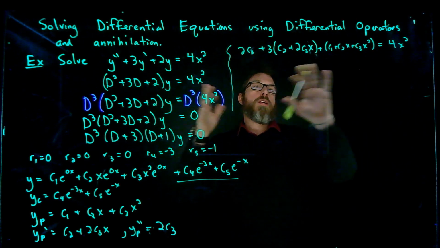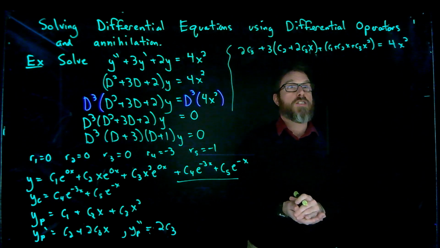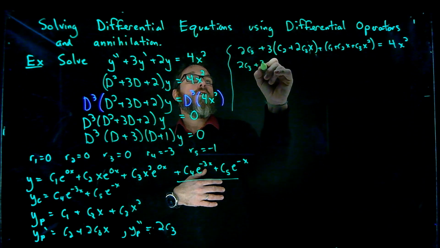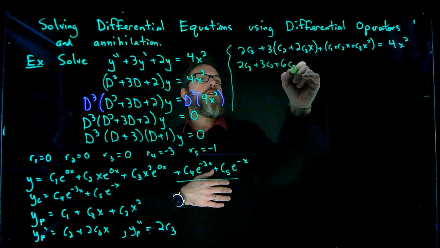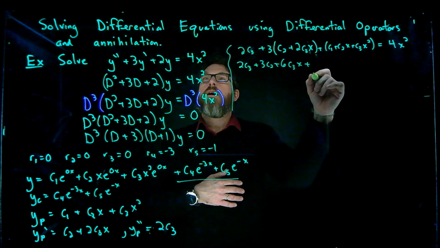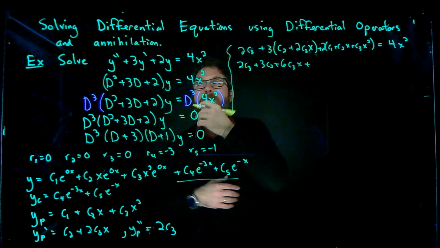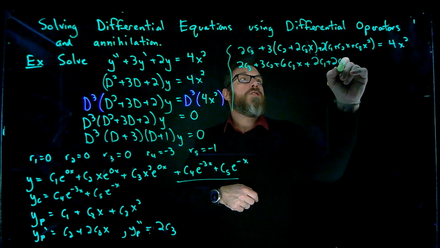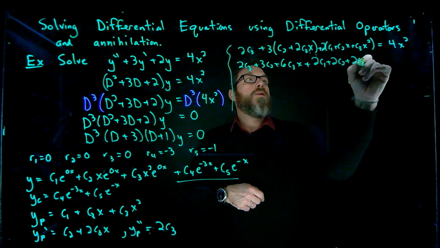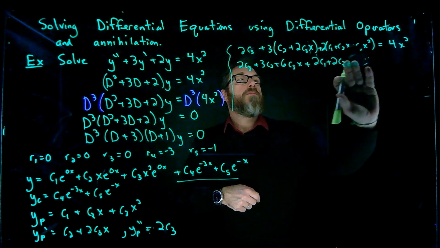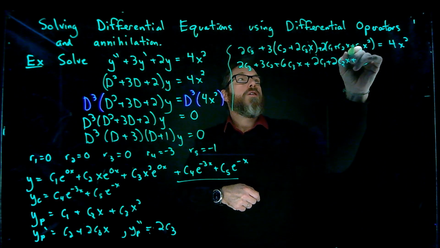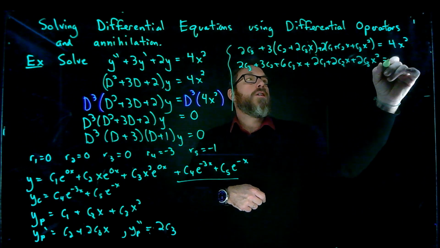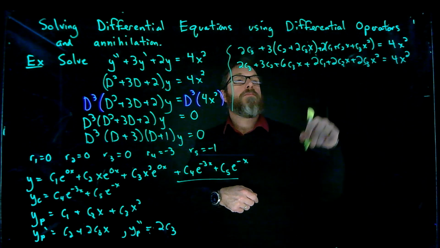So what we're going to do is expand this, and through a system of equations, we'll find c1, c2, and c3. Expanding, I have 2c3 plus 3c2 plus 6c3x plus, this is supposed to be multiplied by 2, so 2c1 plus 2c2x plus 2c3x squared. And this is going to be equal to 4x squared.